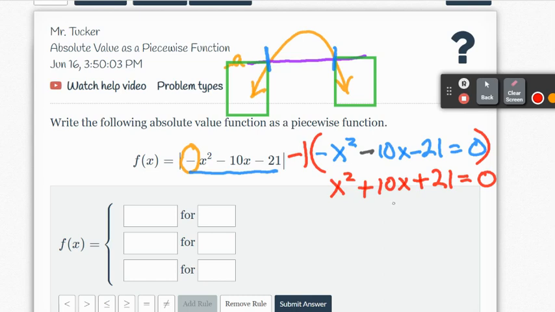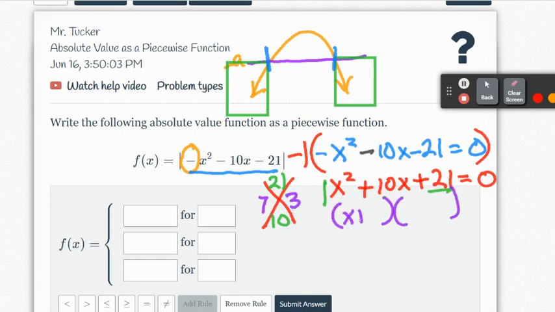And then I go through and factor with my magic x. The magic takes the 1 that's here and the 21 here and multiplies them to get 21 on top and 10 on the bottom. And I have to figure out what multiplies to be 21 and adds to be 10. That should be 7 and 3. So I factor this to be x plus 7, x plus 3 equals 0.